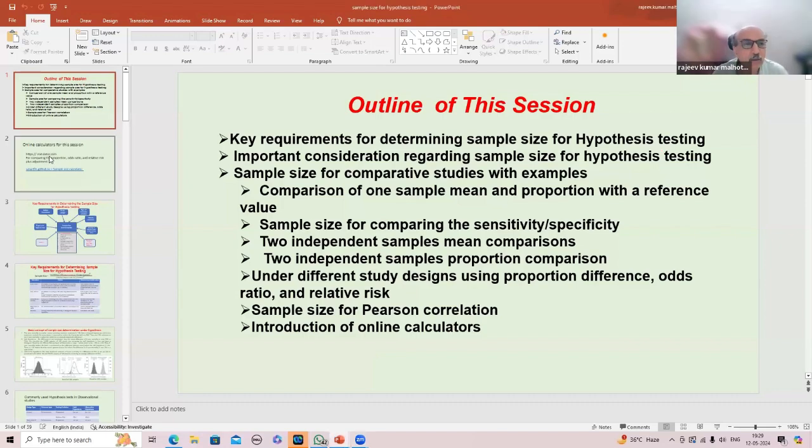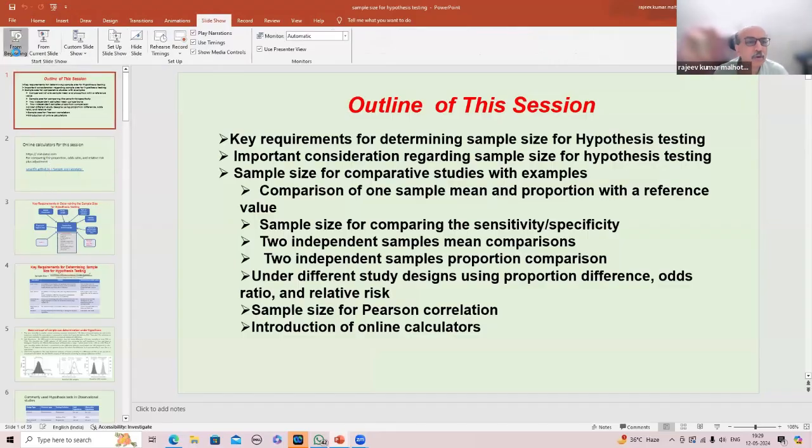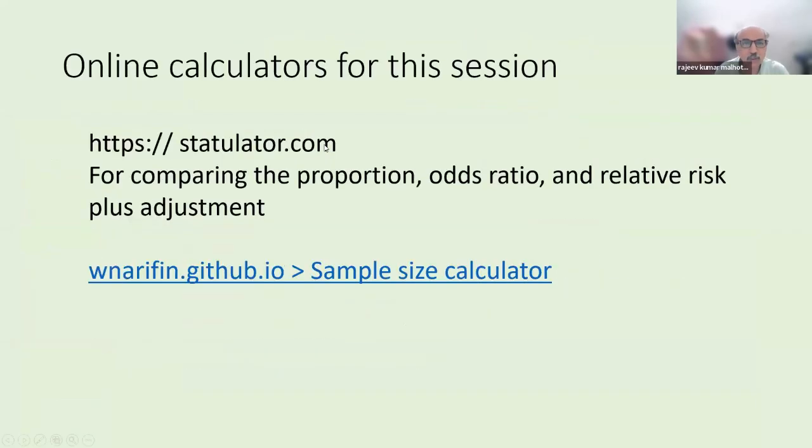So these are the online calculators. The link is there, or you can note down statulator.com, or vanefrin.github.io for the sample size for sensitivity, specificity, and correlation.